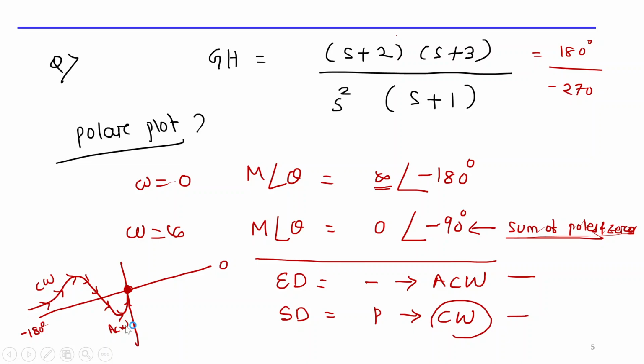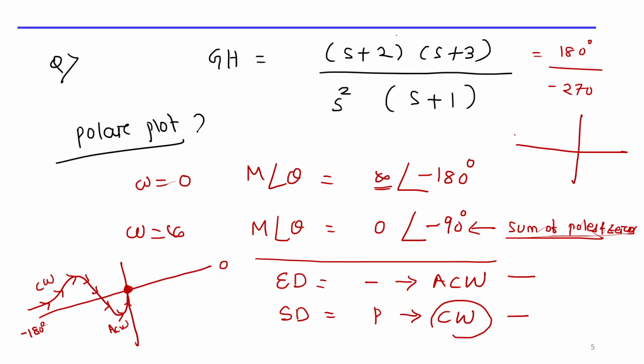Do you understand this question? I think this is a little bit typical question, because when the starting direction and ending direction are different, definitely remember it will cross some axis. Suppose the starting direction and ending direction were both clockwise, then how would the polar plot be?